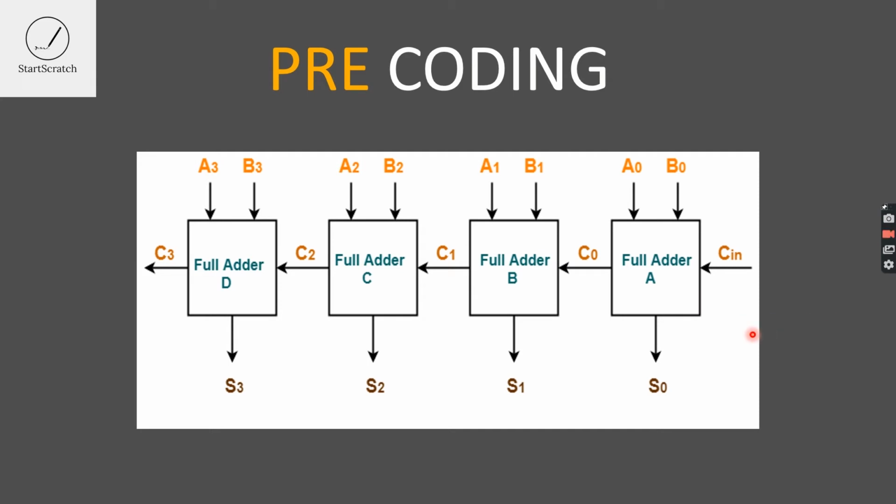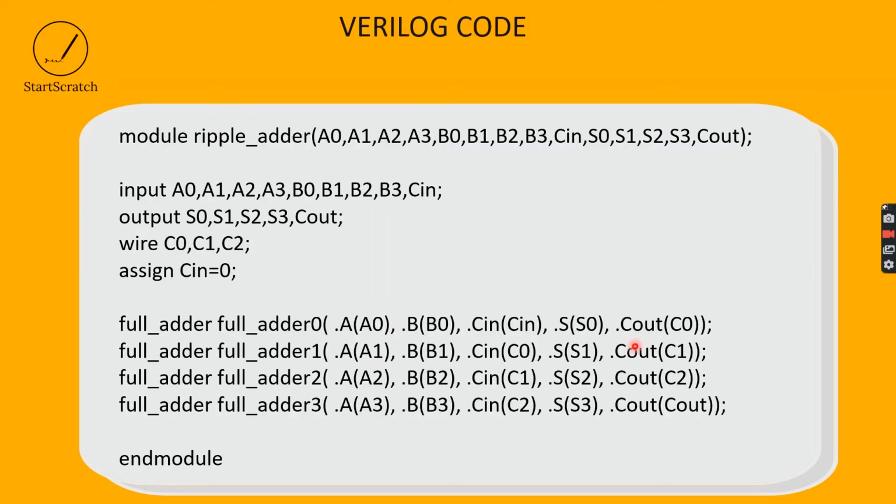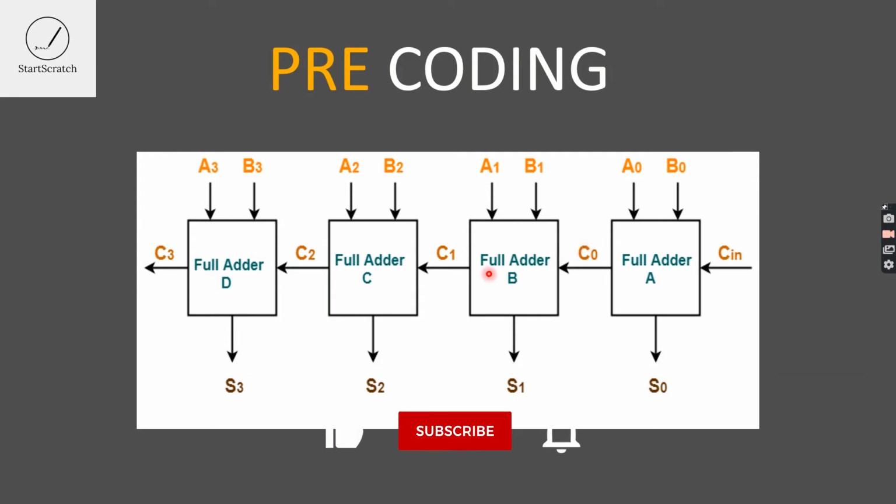Now let's move on to the coding part. Here in the coding part, I instantiated the 4 full adders with the names full adder 0, 1, 2, 3, and here is the port list I gave: A0, A1, A2, A3 and so on up to CIN, and S0 to S3 and Cout. If you keenly observe, I didn't mention C1, C2, C3 in the port list.